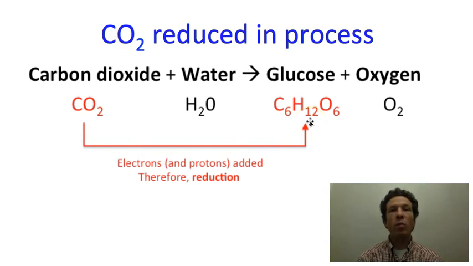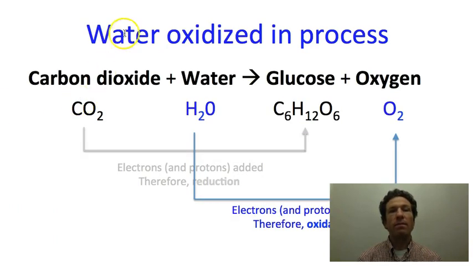Remember that whenever one chemical gets reduced in an oxidation-reduction reaction, some other chemical must be oxidized. We'll look at that here. In the process of photosynthesis, water is the molecule that is oxidized. And you can see that because the oxygen in the water molecule here has hydrogens associated with it. But then once this process is complete, those electrons as well as protons have been removed, and all we are left with is the oxygen.